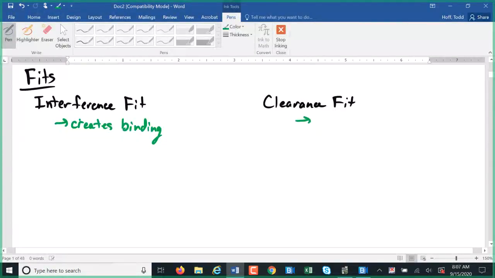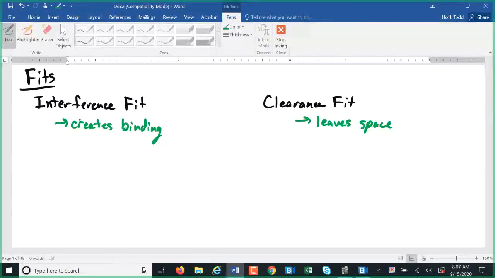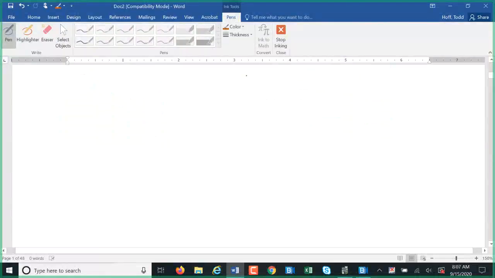A clearance fit purposely leaves some space. So again, if we're looking at a pin going into a hole, the hole is purposely created too large so that there's a little extra room. When the pin goes in, it slides in freely and comes out without binding at all, so that those parts can very easily work together. So let's look at interference and clearance fits here.